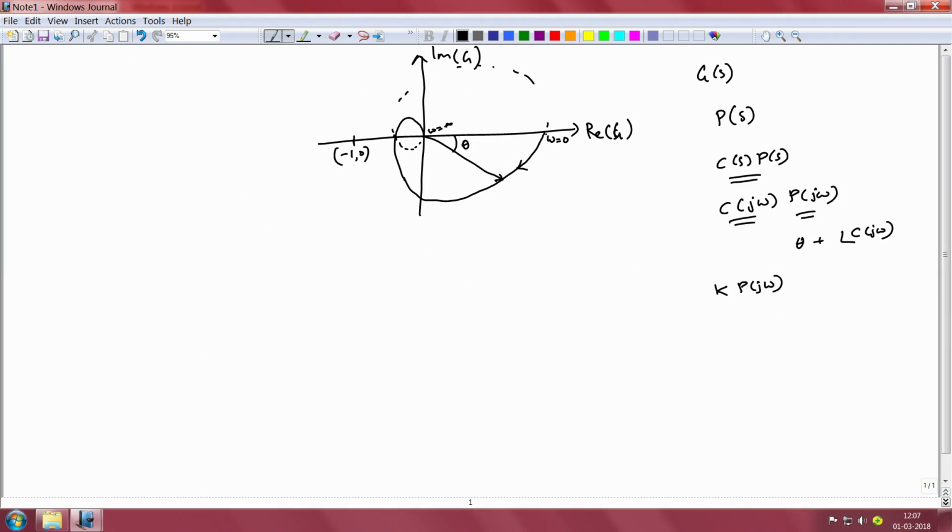We note that if P of j omega has this particular characteristic, at each point when we have a controller of gain k, it will increase the length of that complex number by a factor k. Therefore our new Nyquist plot will be simply a scaled version of the original Nyquist plot.